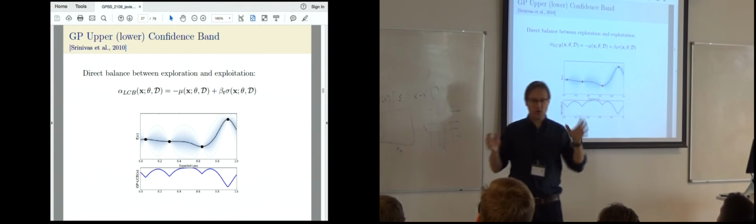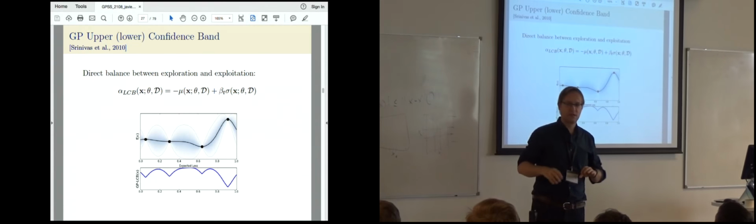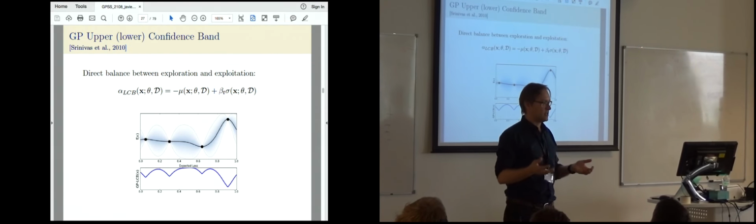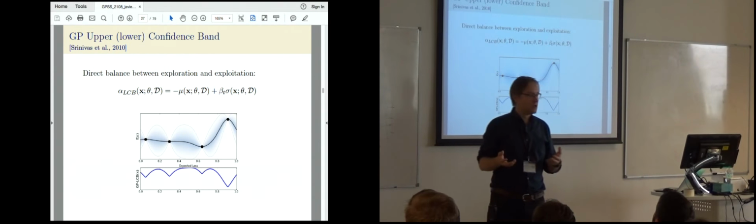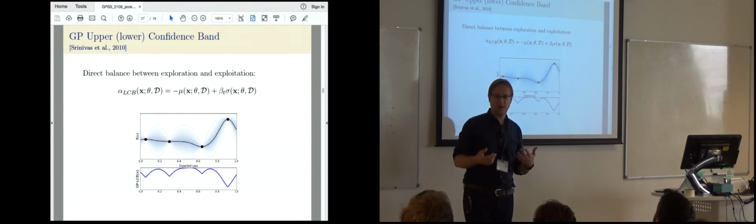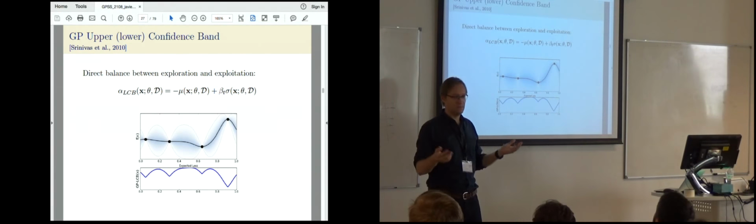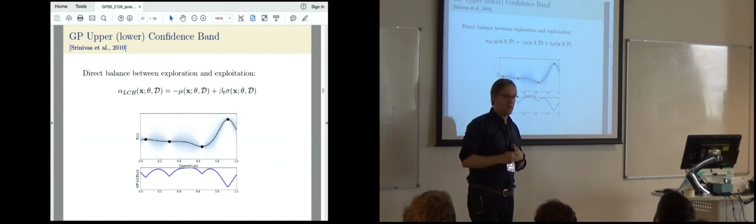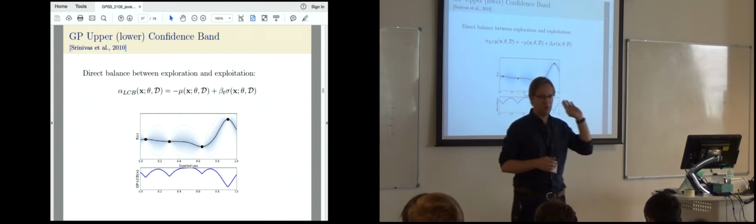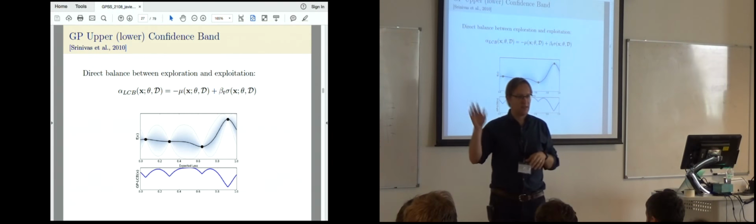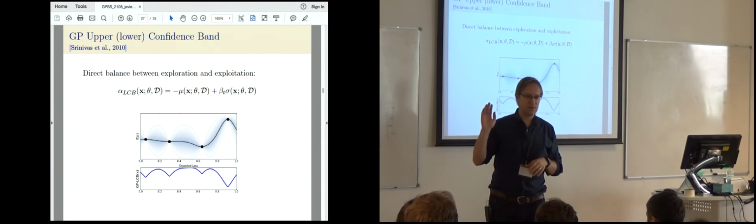Because you work with Gaussian processes. Gaussian processes are a generalization of a multivariate Gaussian, which means that you can characterize them by the first and second order moments, by the mean and the variance. The relationship between the moments of the Gaussian and the elements that you need in Bayesian optimization is one-to-one.